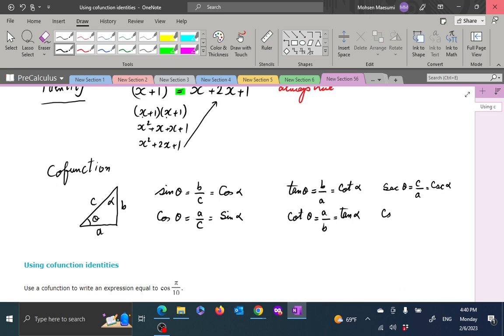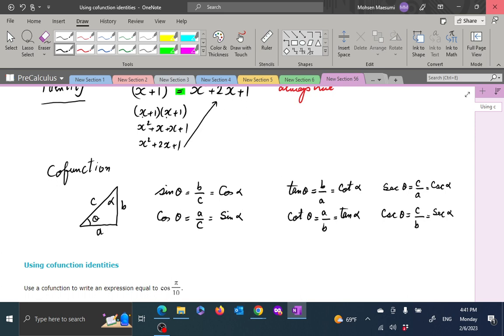Same way, cosecant of theta is same as hypotenuse to the opposite, and that is same as secant of alpha, which is the hypotenuse divided by the adjacent.